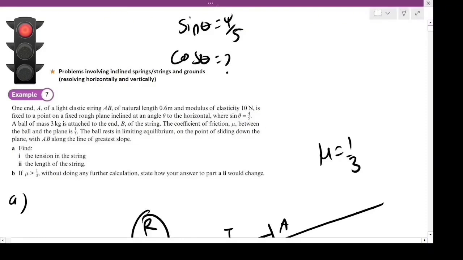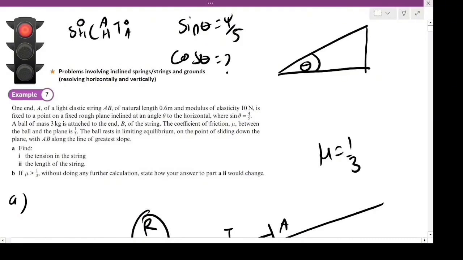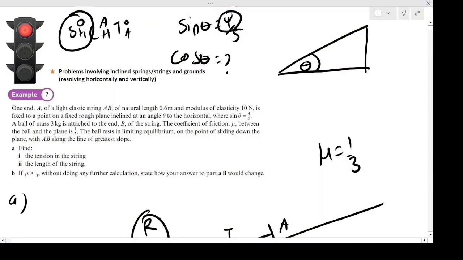What we can do instead, the more proper way, is draw a triangle with the same angle theta. If we consider SOHCAHTOA, this numerator 4 has to be the opposite, which would be here, and then the hypotenuse would be 5.